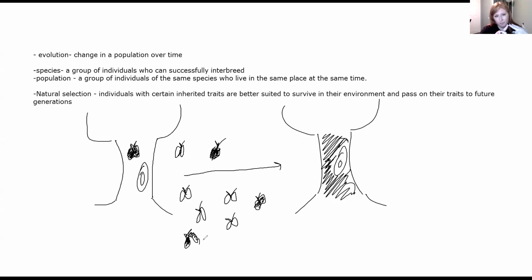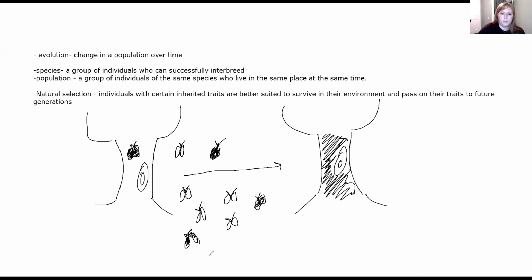They lived in higher numbers. They reproduced successfully in higher numbers, passing on that light wing color to their offspring, who also live in higher numbers. Natural selection. Okay?